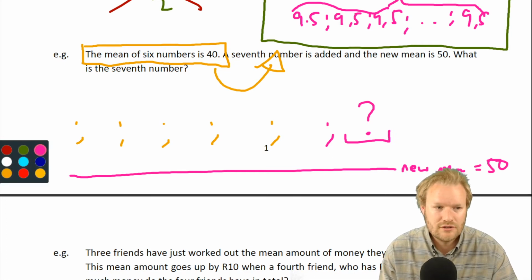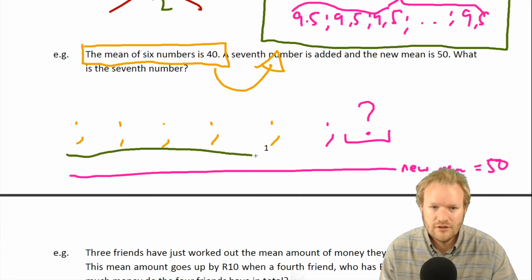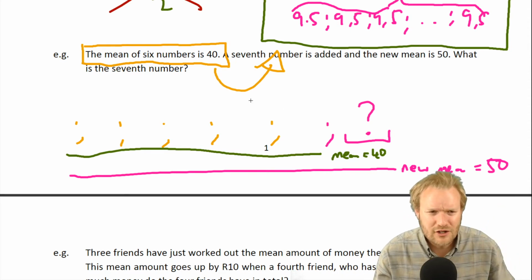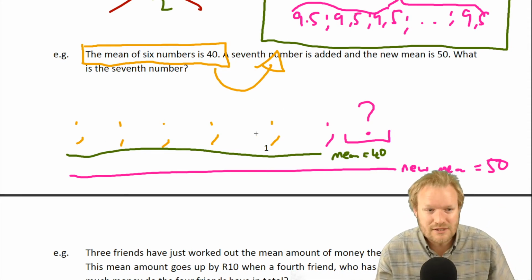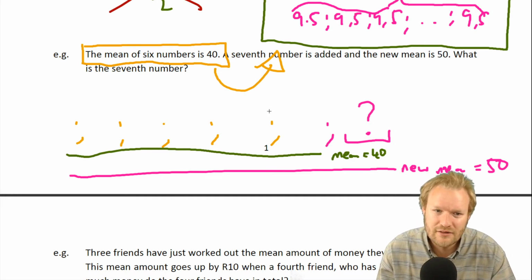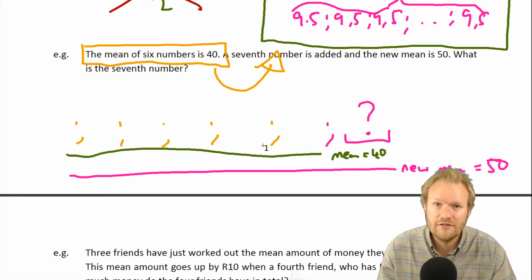So if it was 40 just for all of these 6 numbers, that mean was 40. I'm just trying to push you to think of that data set as 6 numbers and then 7 numbers, and thinking how you would have calculated the mean of that data set.